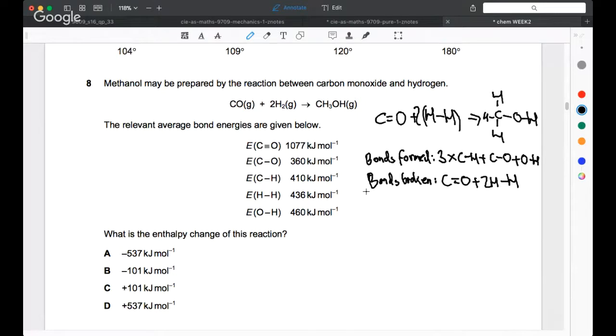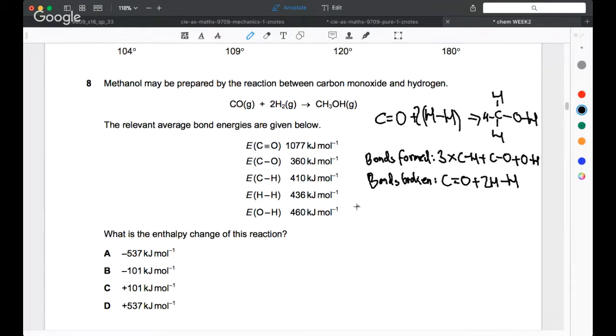And then I would just do the bonds formed minus the bonds broken. So I would put the bond energies in.